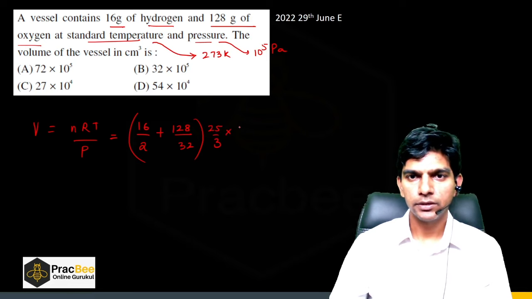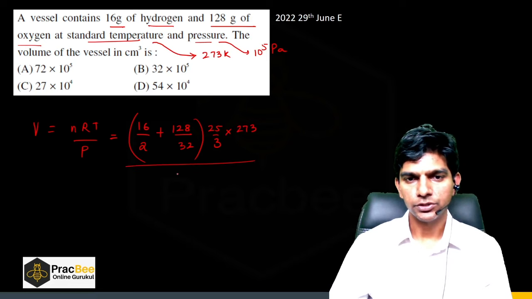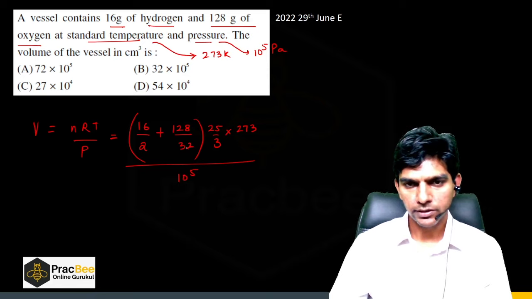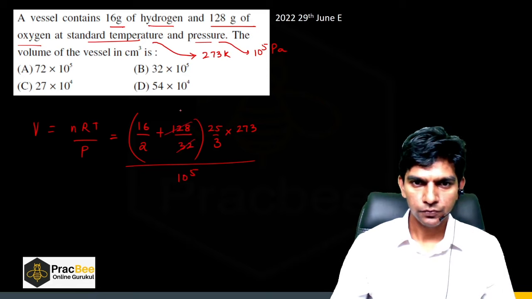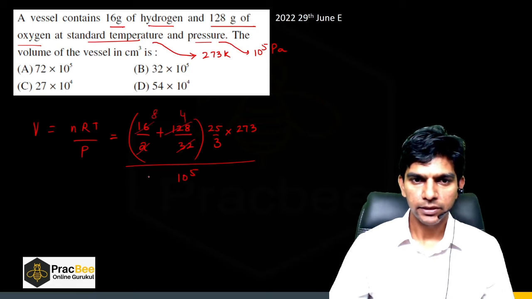Temperature is 273, divided by pressure. Pressure is given as 10 raised to power 5. Now let us simplify this. So this is 8, this is 4. So it is 12 times 25 by 3 times 273 divided by 10 raised to power 5.